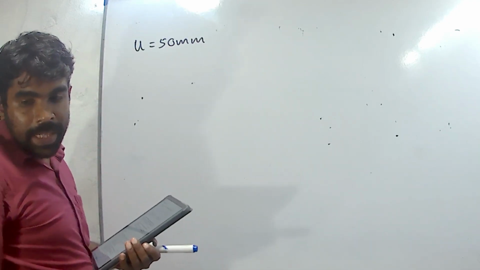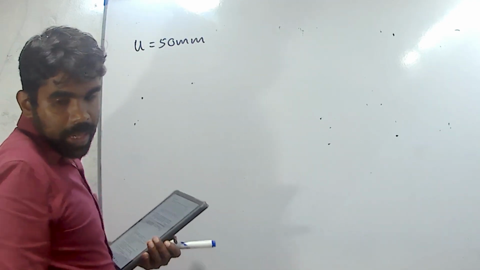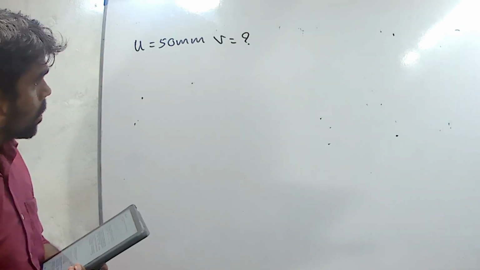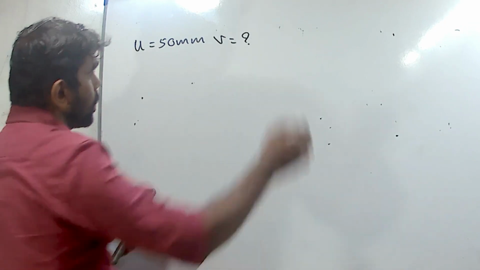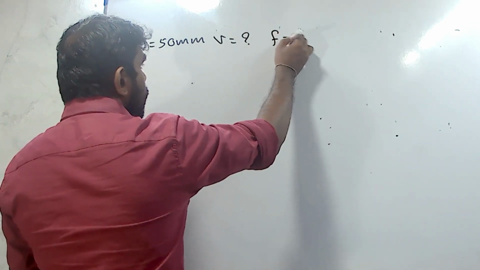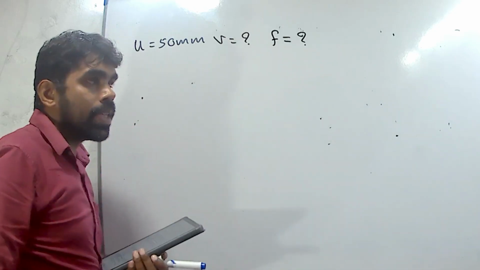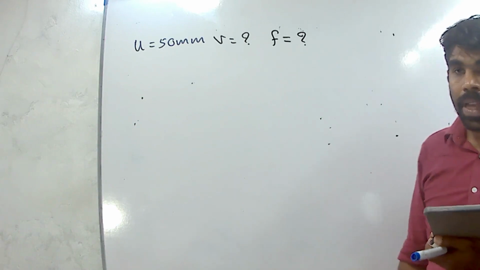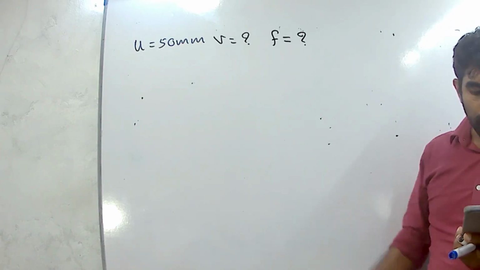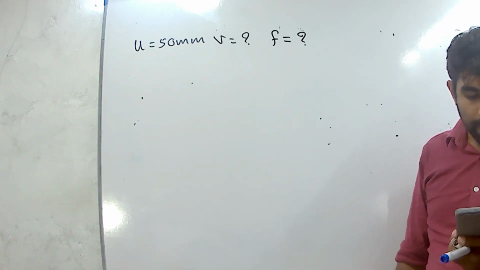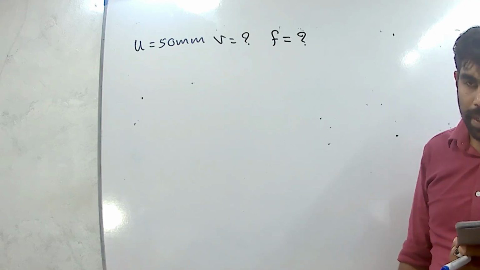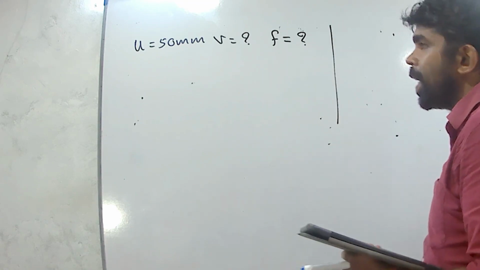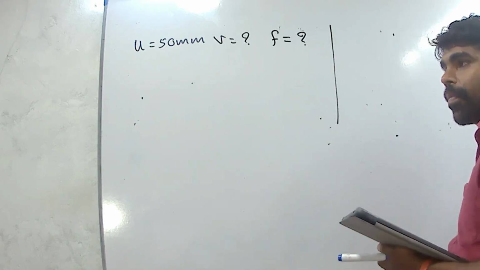We have to find the image distance, and first of all we have to get the focal length by using the second data. Second data means its maximum visible distance is 60 millimeters. It means we can see infinity without using a magnifying lens.